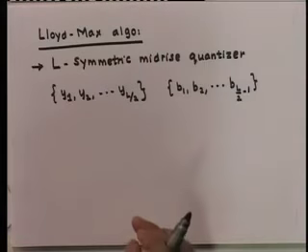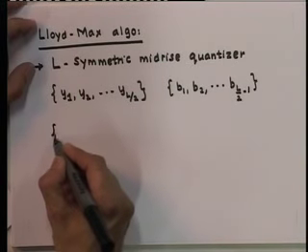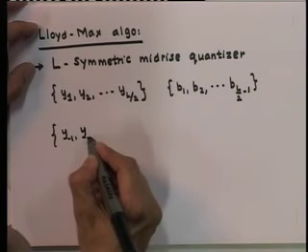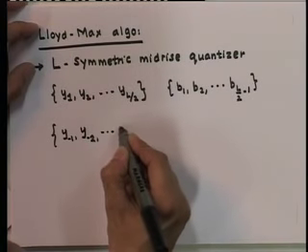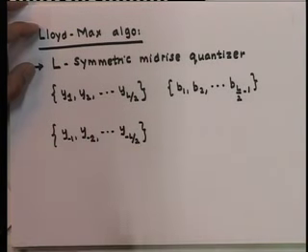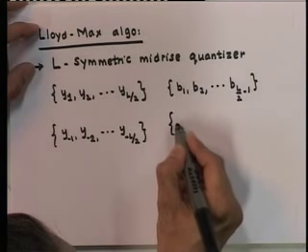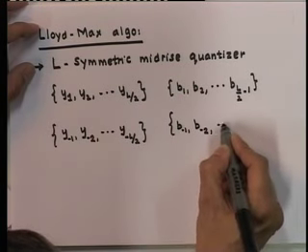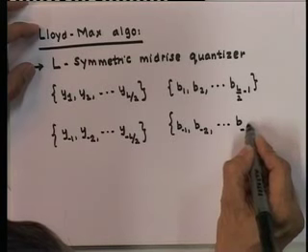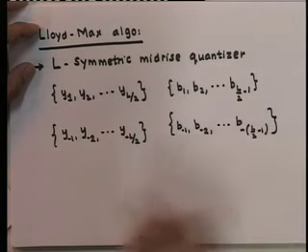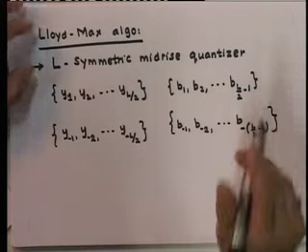The reconstruction levels y_{-1}, y_{-2} up to y_{-L/2} and the decision boundaries b_{-1}, b_{-2} up to b_{-(L/2-1)} are obtained via symmetry.